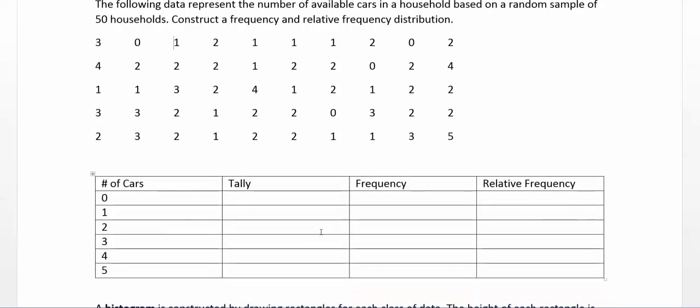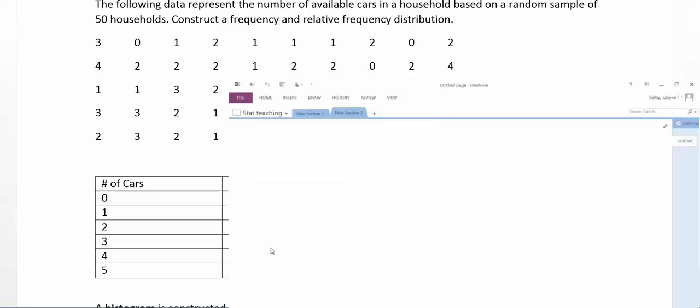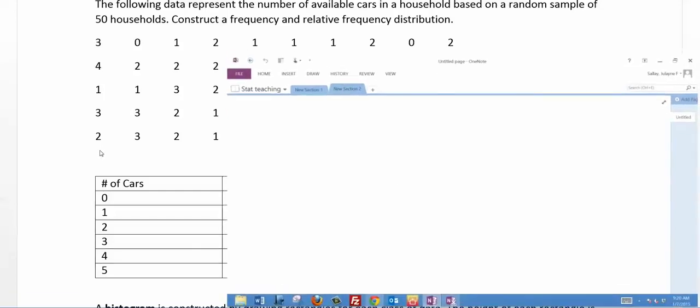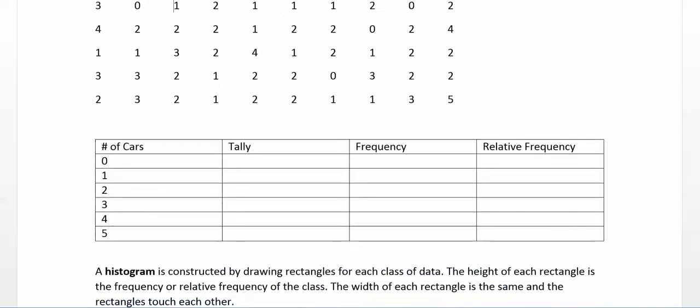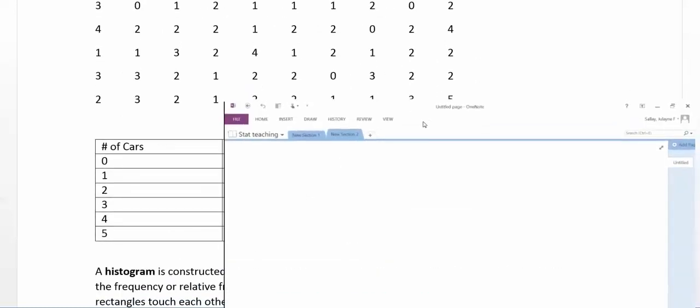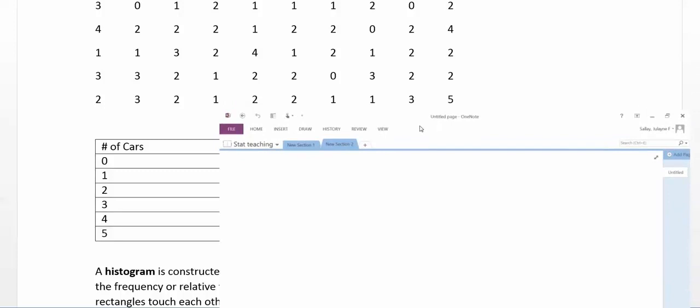So what we need to do is tally, find frequency and relative frequency and all that fun stuff of this particular data. And I'm going to try a new method here as far as how to show this. Okay, so what I'm going to do is count how often certain numbers show up.